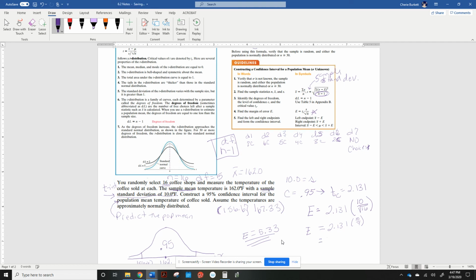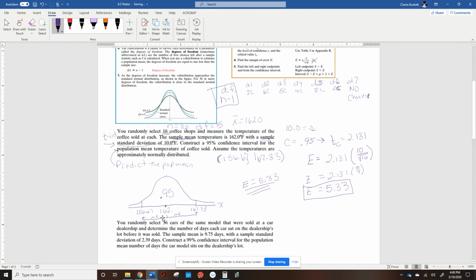So that is just a second way, without using technology, really, that's the way you'd find your margin of error. And then you would come back over here and say, okay, if I add 162 and 5.33, I get 167.33.